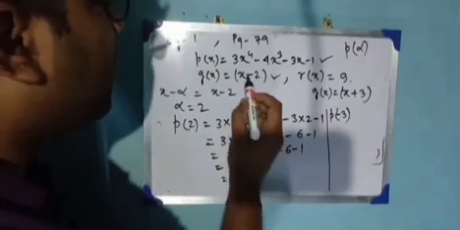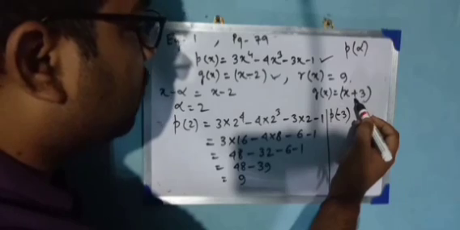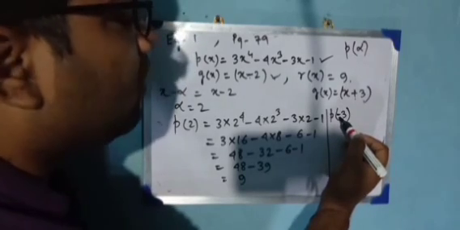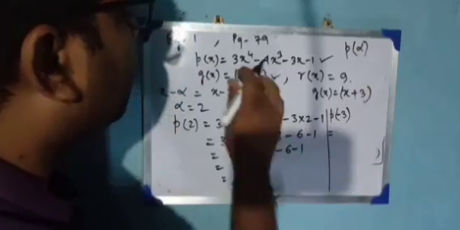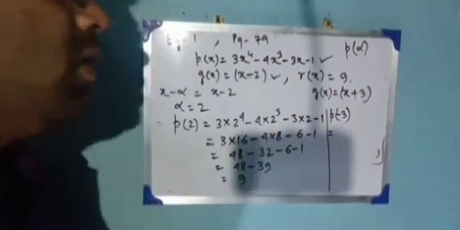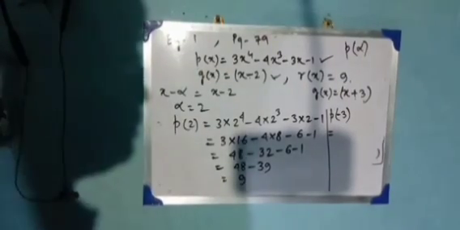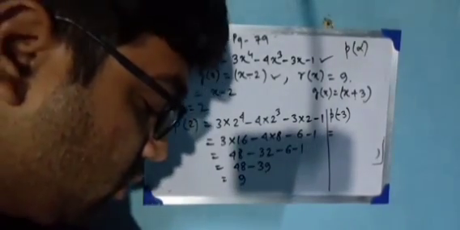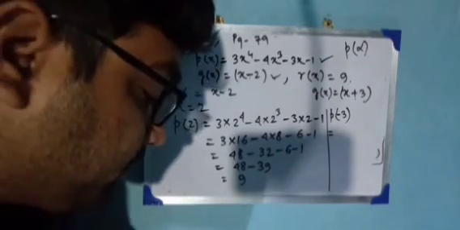So wherever there is a minus sign here, we take plus, and wherever there is a plus sign, we take minus. Putting in the value minus 3, we get the remainder. We don't have to do the long division method. That's why this theorem was invented.